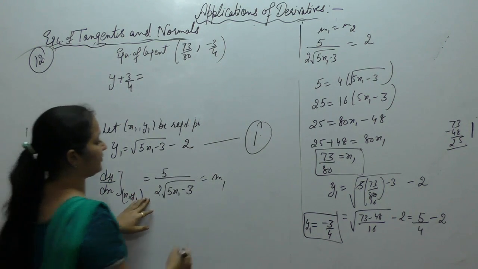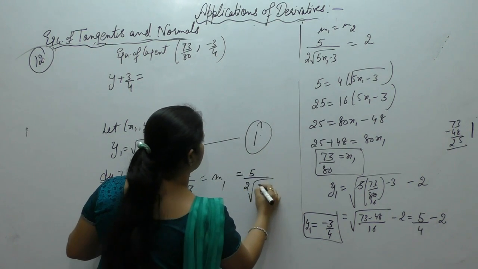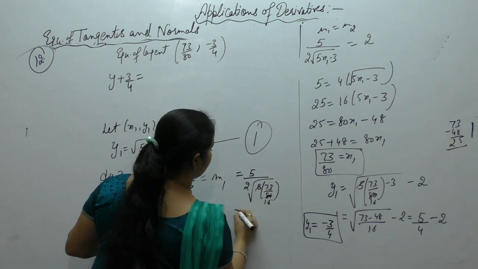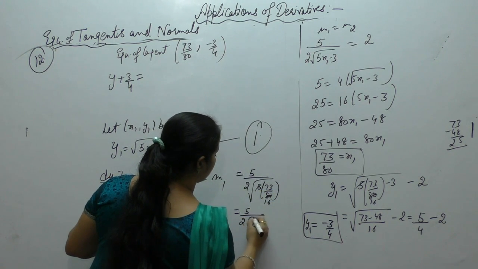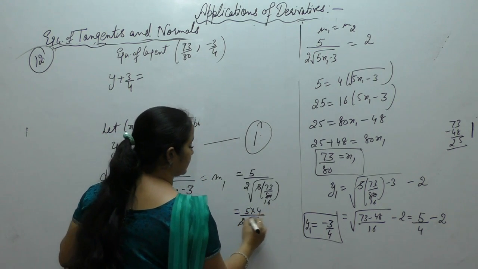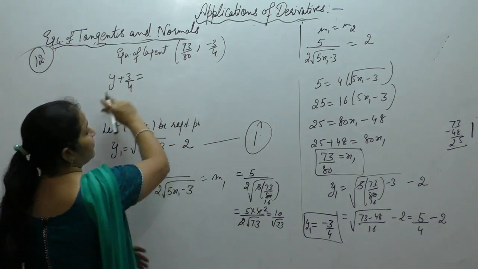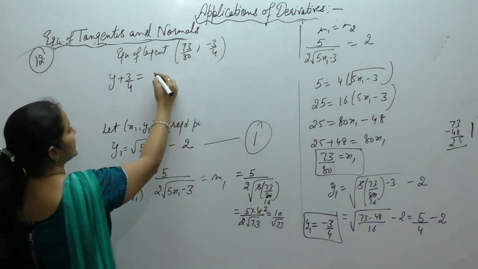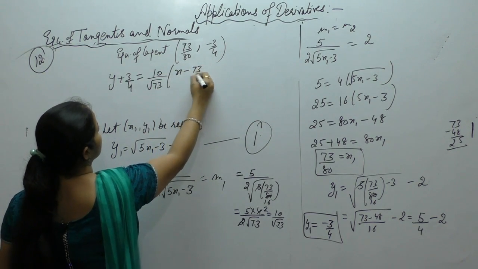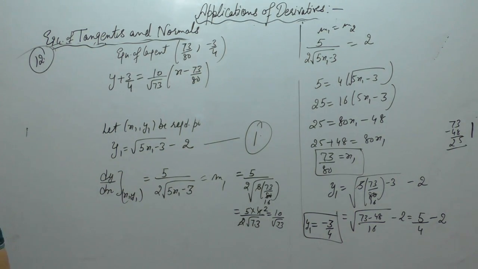Find the slope of tangent at x1 = 73/80. We get 5/(2√(73/16 − 3)), square root of 16 is 4, giving 10/√73... Y minus y naught is equals to m(x minus x naught). Is it clear up to here?